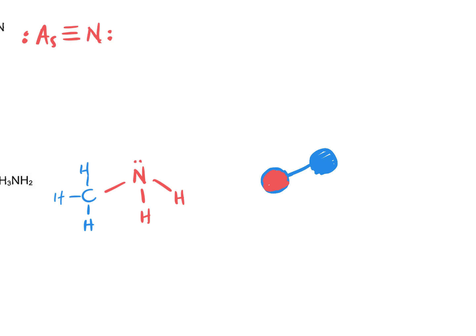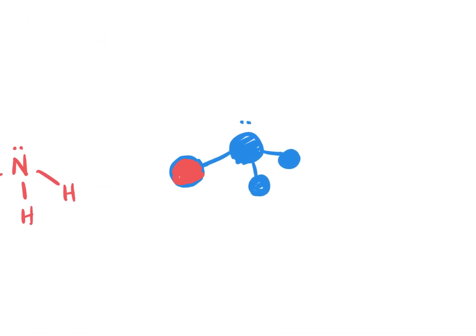And then I've got hydrogen and another hydrogen. Again, I really think that this structure is beyond where we are right now in this class, and don't worry about it. But if I was looking at this structure, then trigonal pyramidal.